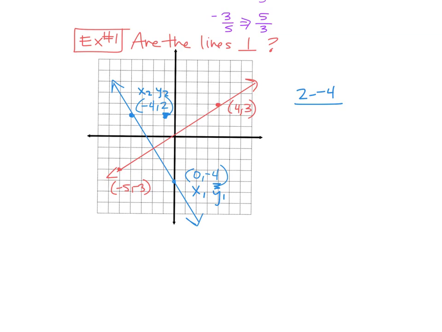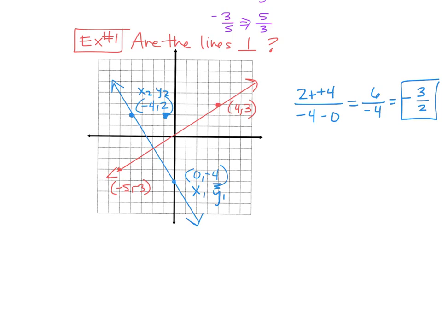It's got to be -4 minus 0, right? So this is going to be plus a positive, so 6, and -4 minus 0 is -4. And then you always want to reduce them because that's the only way you'll be able to tell, because if they're not reduced, they might look different, okay? So this would be a -3/2 for the slope of the blue line.